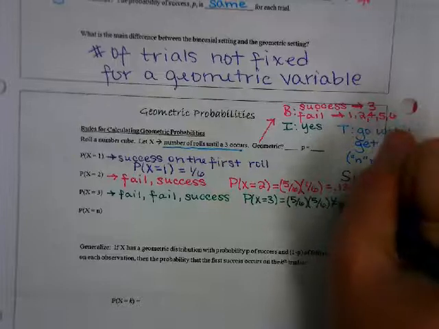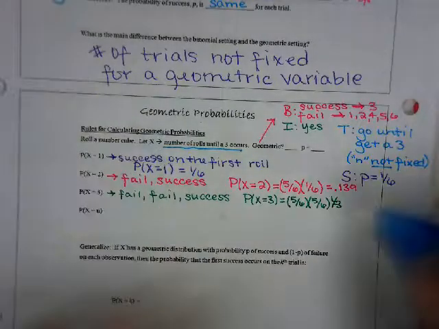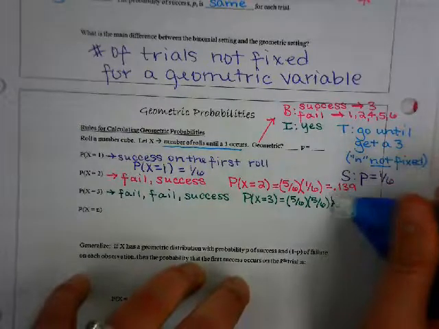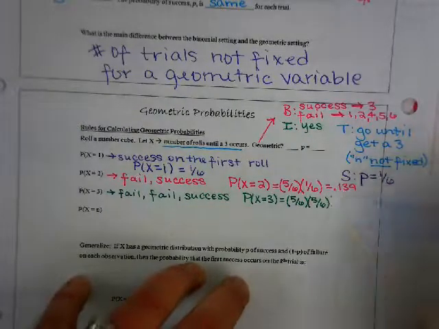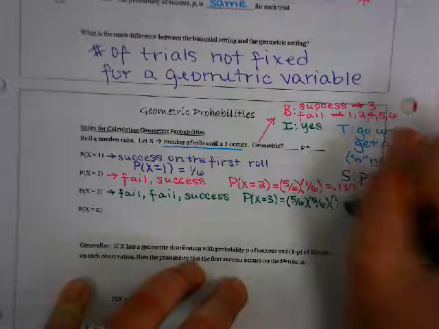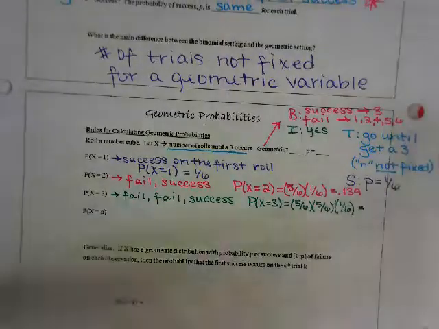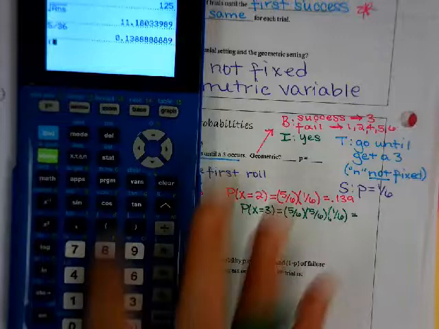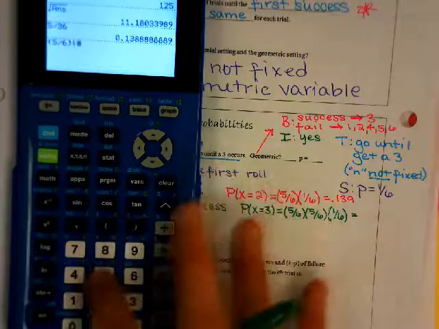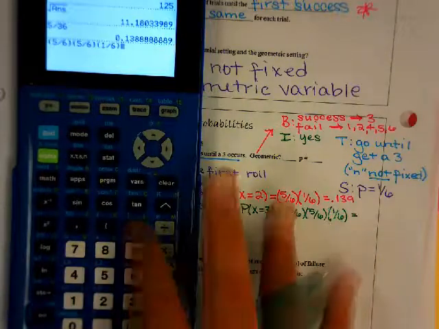Sorry, I multiplied 6 times 6, and I didn't want to yet. 1 divided by 6. There we go. So 5/6 times 5/6 times 1/6. We get 0.116 when I round.